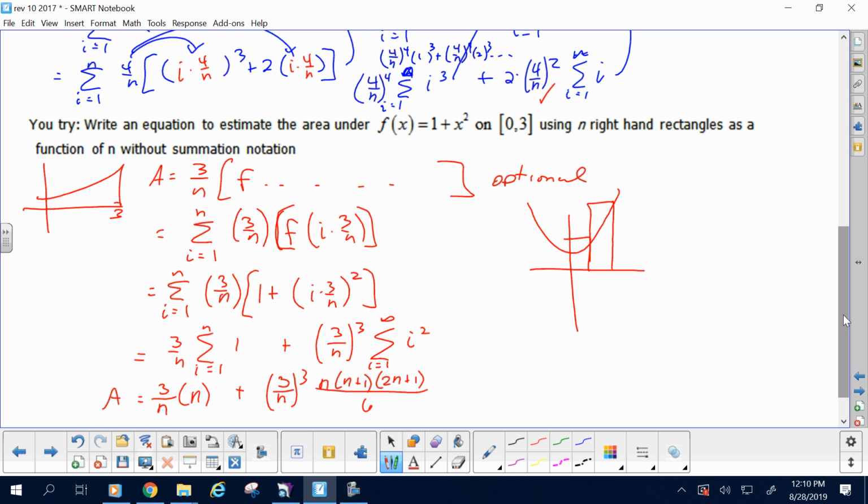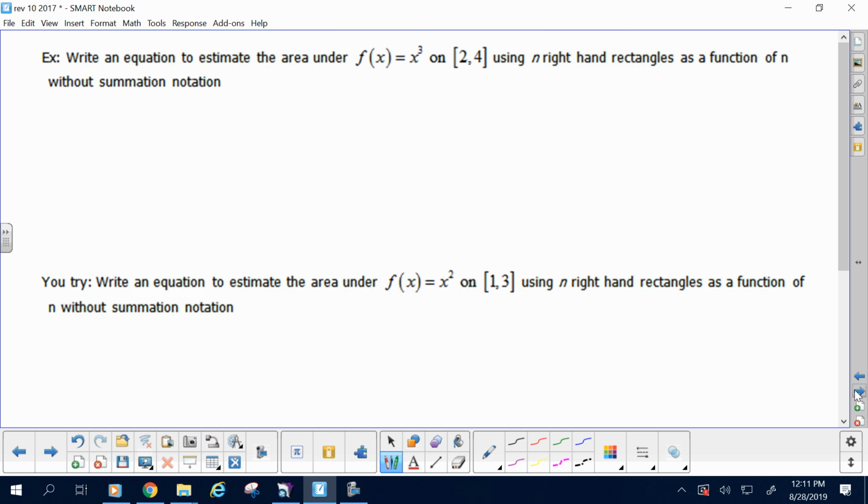If I plugged in n equals 5, then that would be an estimate of the area under the curve from 0 to 3 using 5 rectangles, and it would be a better estimate because the error region, which is up here, would be lesser, yeah? So what would be the best case if I let the number of rectangles increase without bound and go to infinity, yeah? So that's the next goal.